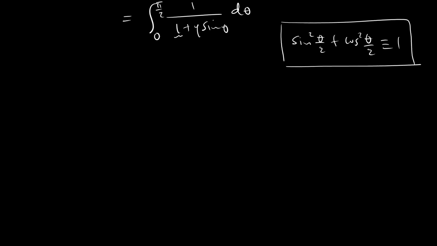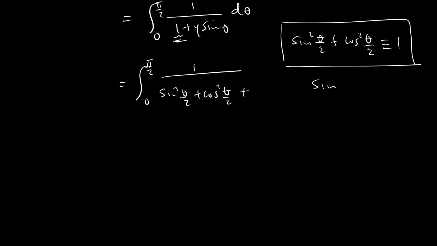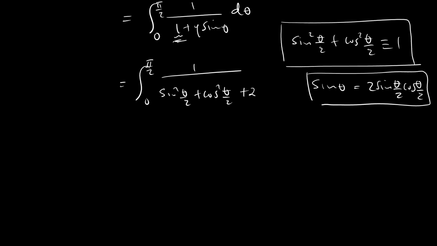So we have our problem now become the integral from theta equals 0 to theta equals pi over 2 of 1 over sine squared theta over 2 plus cosine squared theta over 2, in place of this 1, plus another identity, sine theta is equal to twice sine theta over 2 cosine theta over 2. So using that identity, we'll have 2y sine theta over 2 cosine theta over 2, right?